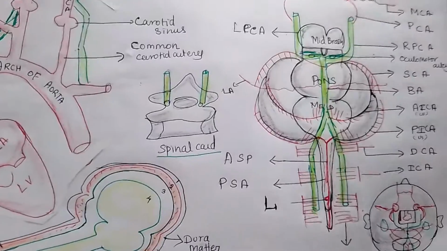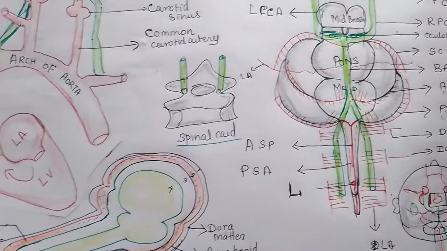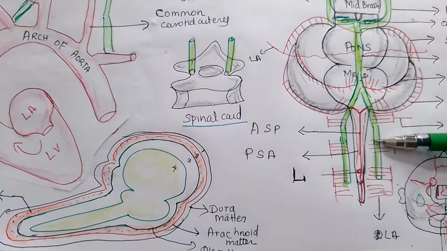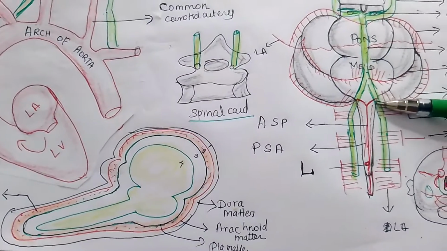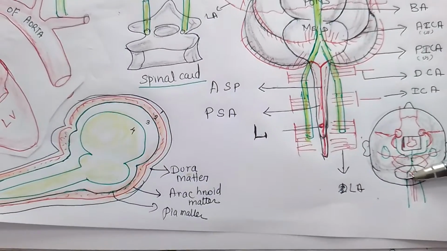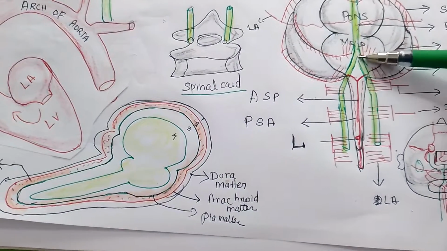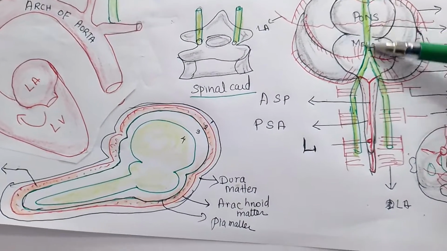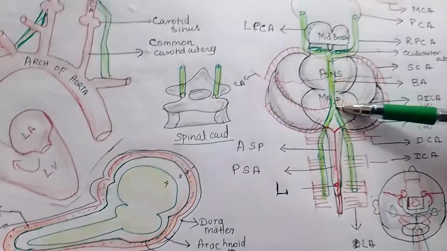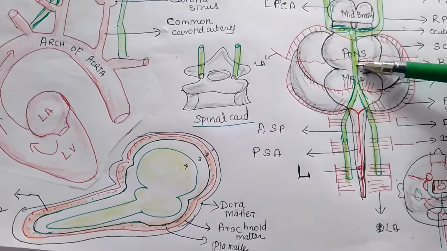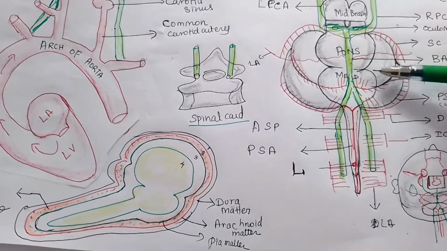If you could see, the right and left vertebral arteries enter the foramen magnum, and at the pontomedullary junction they join together and form the basilar artery.